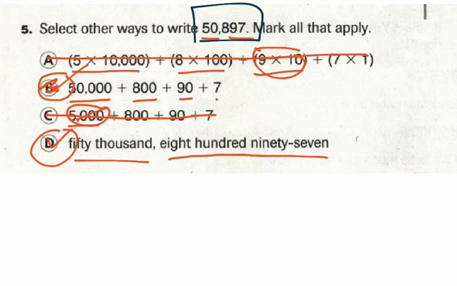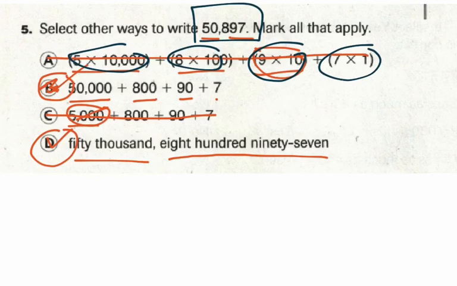This one is correct here, this is correct here, this is correct here, this is correct here. So that number should be correct. A should be correct. B, you have 50,897, that should also be correct.